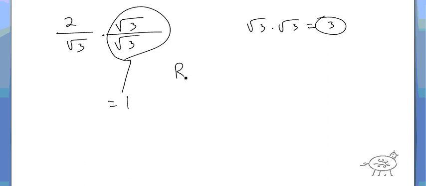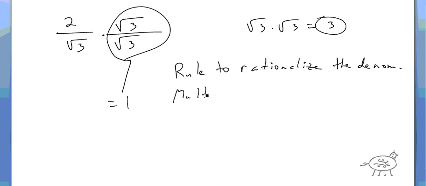So this is Rule 2. We call this rationalize the denominator. To rationalize the denominator, you multiply the top and bottom by the bottom radical.